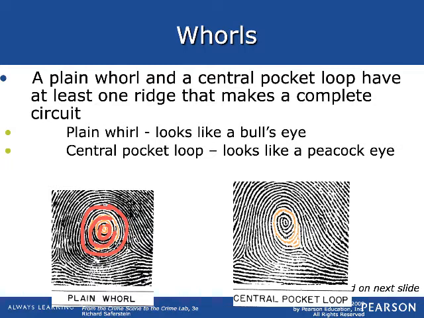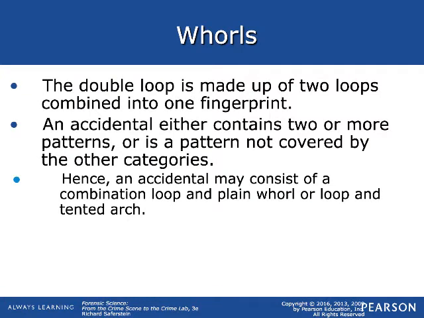And then a central pocket loop is, they say it looks like the eye of a peacock. So if you think of a peacock feather, it's a loop, but inside of it, there's not a bunch of little circles inside. There's just more of an irregular pattern inside of it. Okay, now a double loop, it kind of makes sense, right?